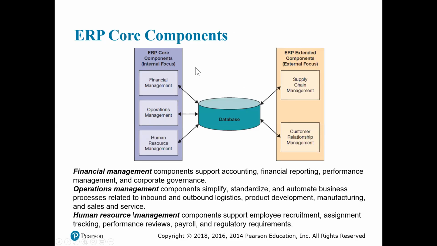Operation management components standardize and automate business processes related to inbound and outbound logistics, product development, manufacturing, and sales and service. And the last, human resource management components support employee recruitment, assignment tracking, performance reviews, payroll, and regulatory requirements.